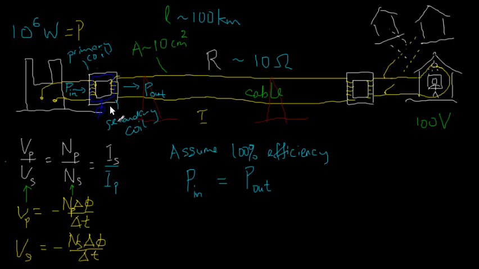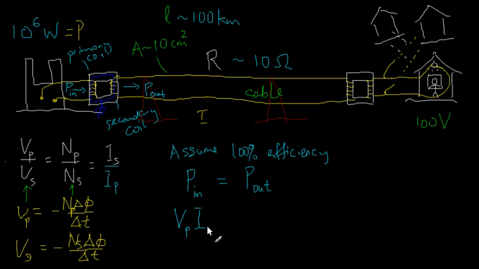So making this assumption, we can write down the relation between the voltages and current, because we know that power is equal to VI. We know this formula. VI is the power. So for the input power, the voltage and current are Vp, the primary voltage, and Ip, the primary current.